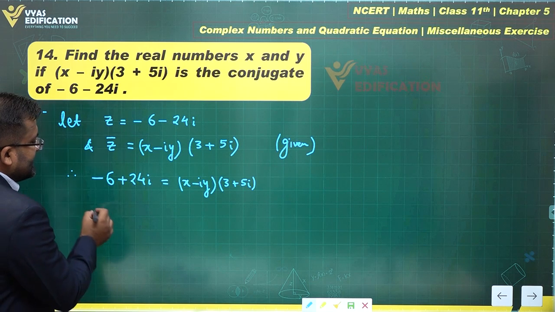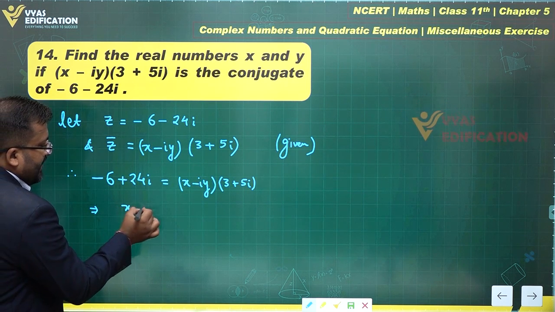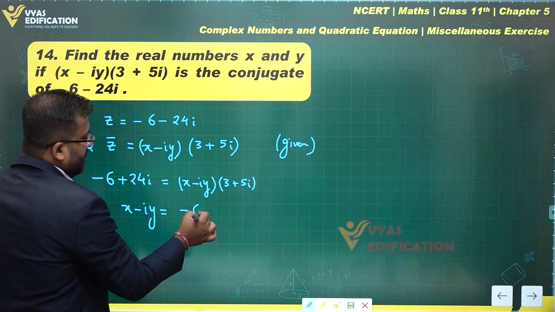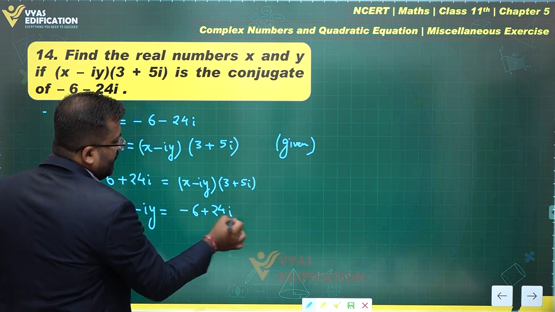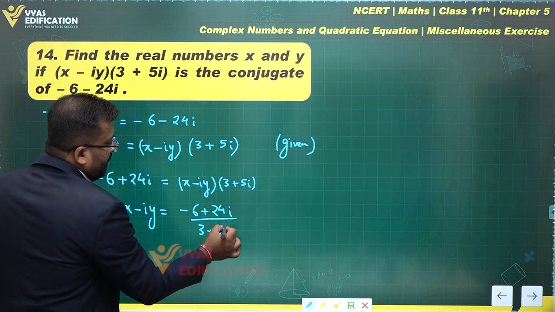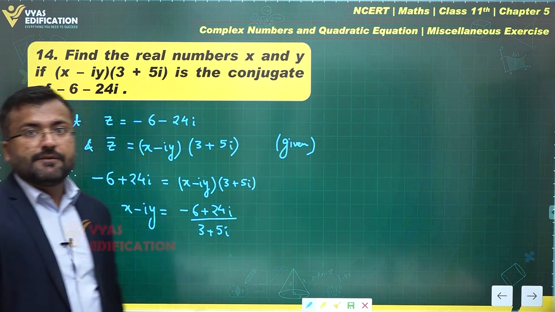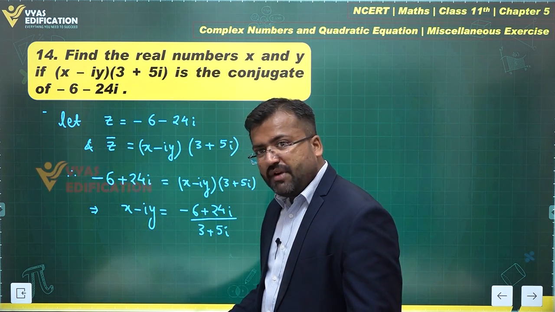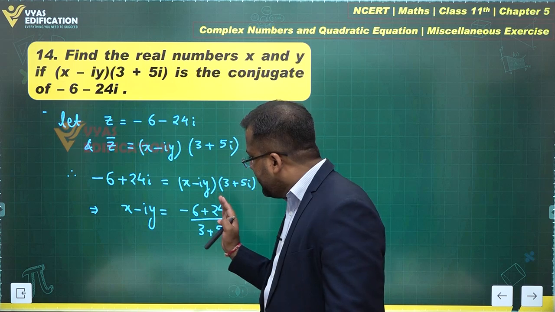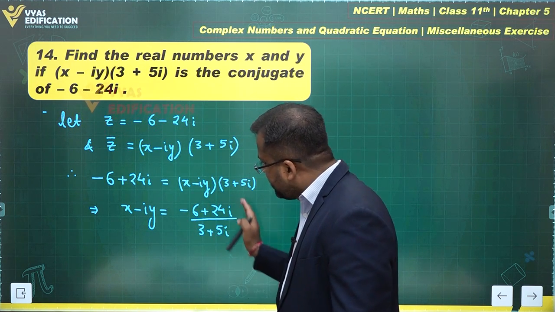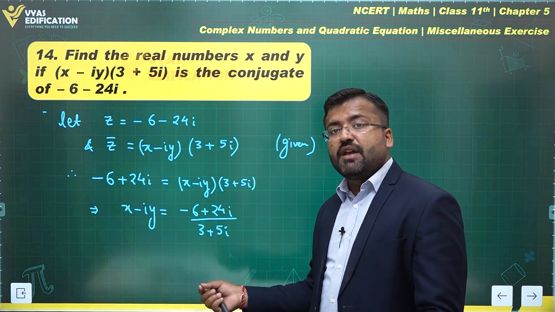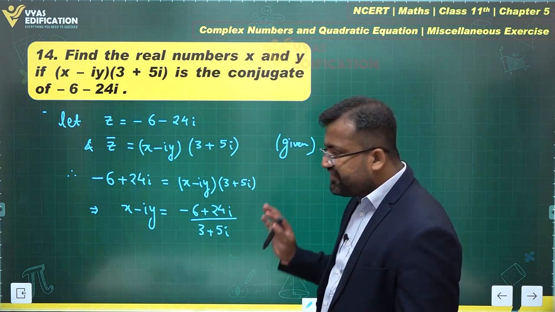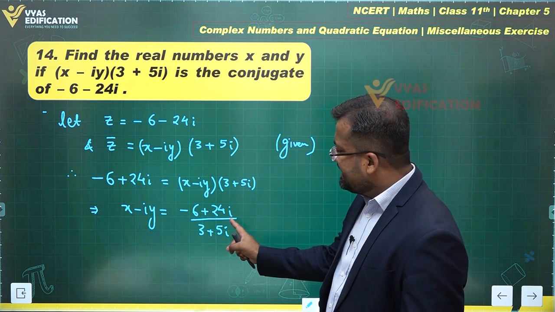And on rearranging this expression, x - iy will be actually equal to (-6 + 24i)/(3 + 5i). This is equal to this. Now that complex number over here on the LHS has real part x and imaginary part -y, and on simplifying this in the form a + ib, we will get the values of x and y very easily. So the next task that we are supposed to follow is simplifying this expression.